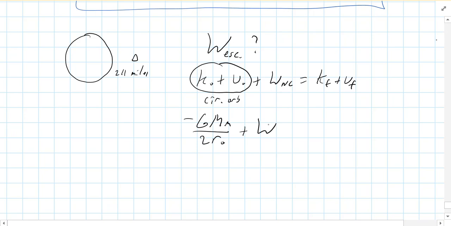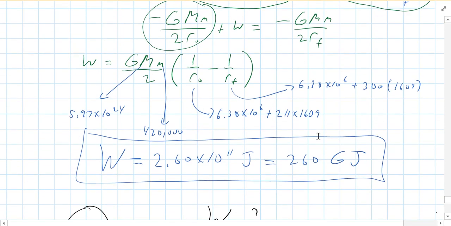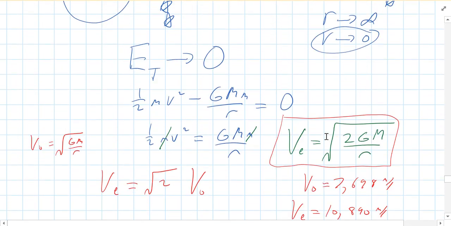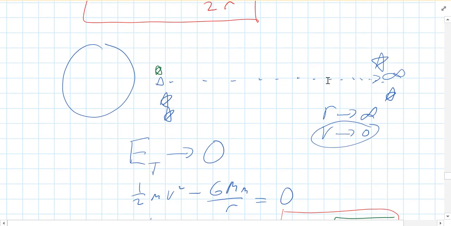We're trying to find work, so that's our W. We're finding the minimum work necessary to escape. Remember what we talked about with escape: as you're reaching infinity, your velocity is approaching zero if you're going the minimum speed to escape. So when we get way out here, your kinetic energy is approaching zero.